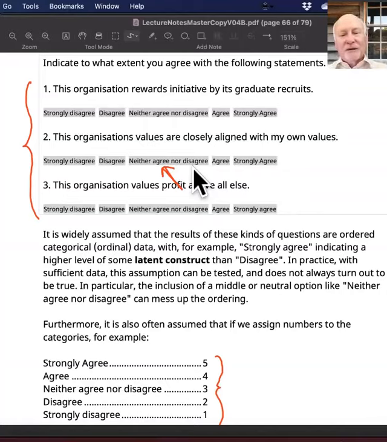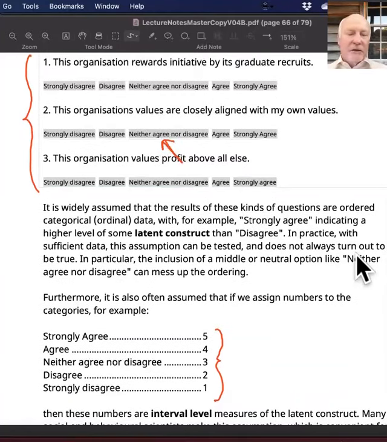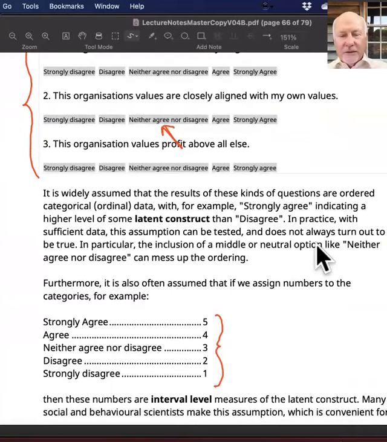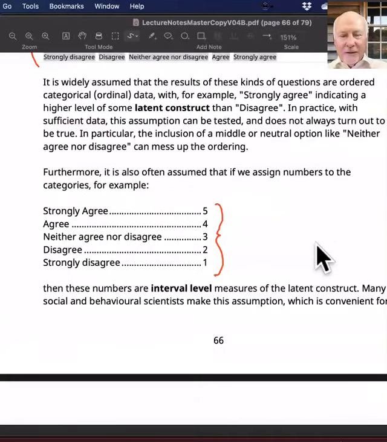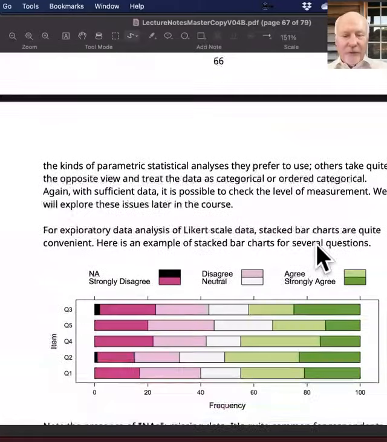So that middle one often, not always, creates a bunch of noise in the data. So the advice I give people, if you're designing a questionnaire, is don't put it there. Just force a choice. But I know plenty of academics who will disagree with that. So just be careful with that.